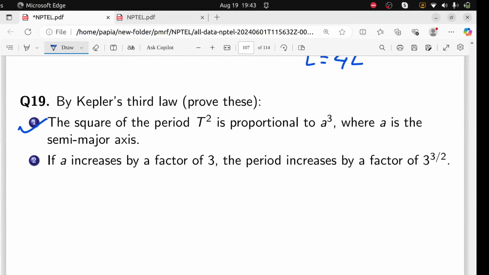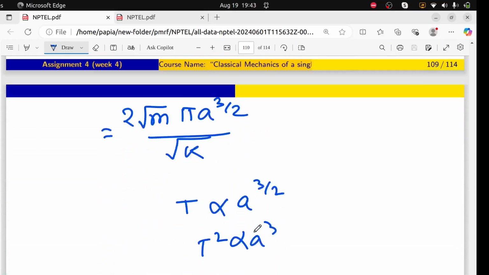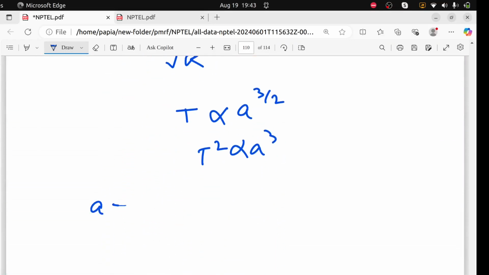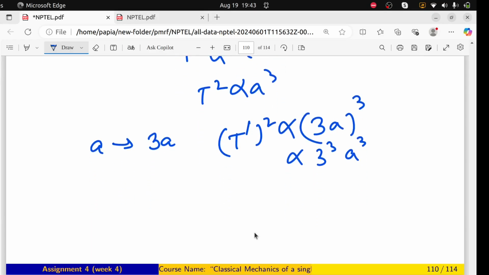This one is correct. Now if A increases by a factor of 3, the period increases by a factor of 3 to the power 3 by 2. Let me see here. If A is going to 3A, then our T prime square is going to 3A cube. Now our T prime will be 3 to the power 3 by 2 A to the power 3 by 2.